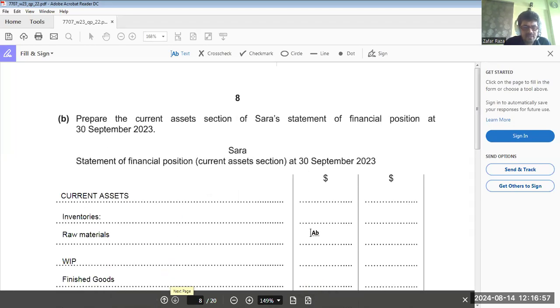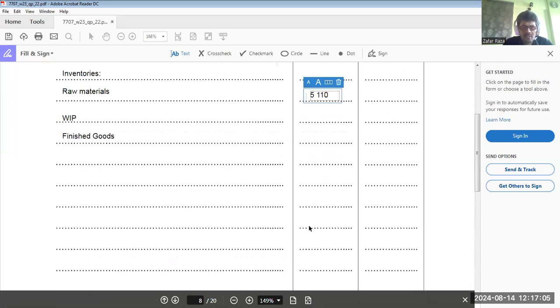Raw materials were 5,110. Work in process 7,365. All closing inventories. And 13,725 is the finished goods.